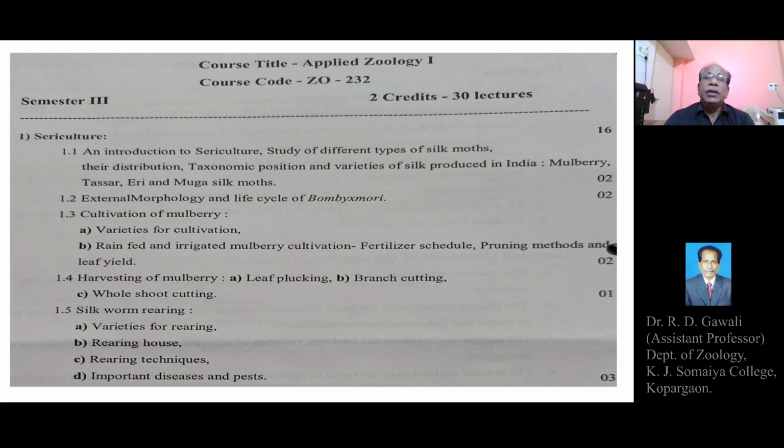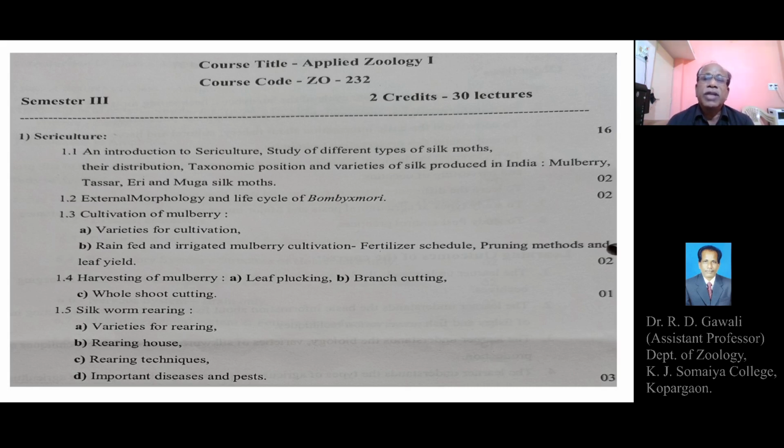So in India there are 4 kind of silk moths which are cultured or grown for the purpose of sericulture, and these are the mulberry silk moth, tussar silk moth, muga silk moth, and the Erie silk moth.